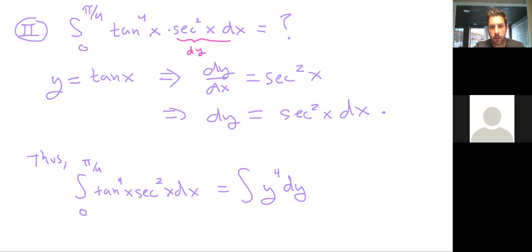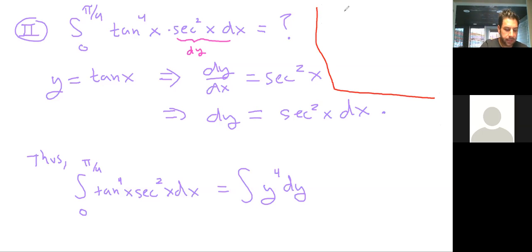Okay, sweet. So what are our bounds now? Well, this is usually the hard part for most people, and it's even more difficult now because you guys retained your trigonometry just as well as my child retains orders. You don't.